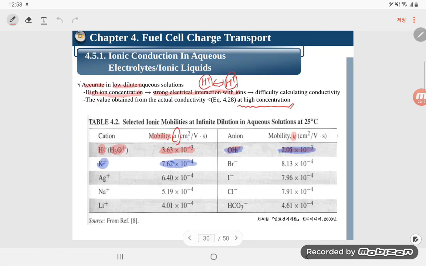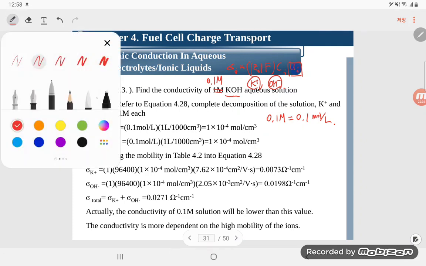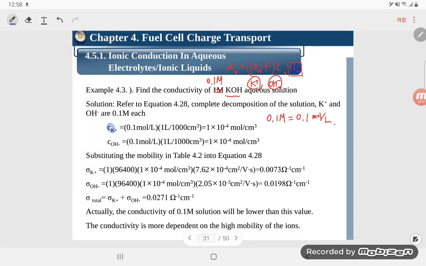But the unit of the mobility has a centimeter scale, so we should convert the concentration into centimeter units. For the potassium ion, we use 0.1 mole per liter and 1 liter over 1,000 cubic centimeters.